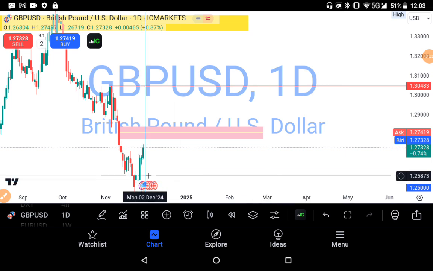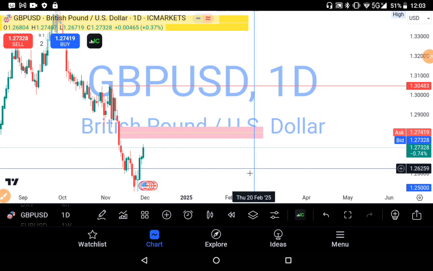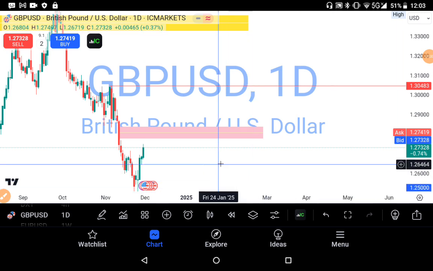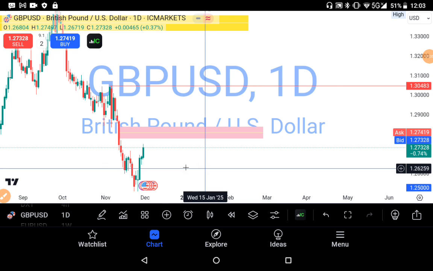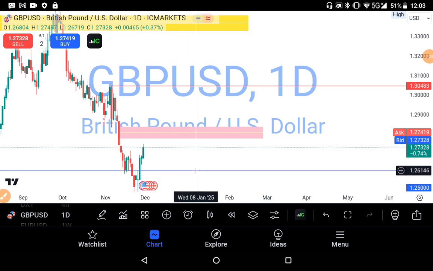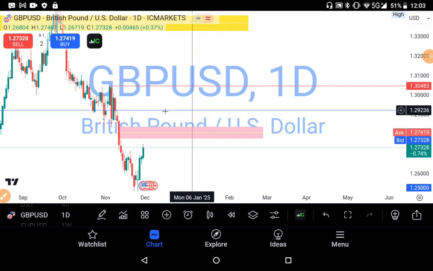Now I'll be able to bear a retracement into 1.26000. So 1.26000 should serve as a reasonable support to the price, my support level that would push the price into moving towards 1.30000.